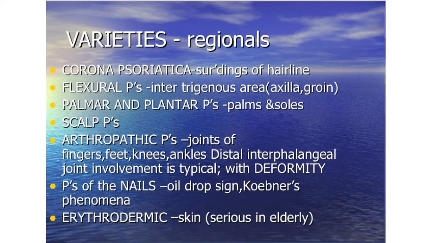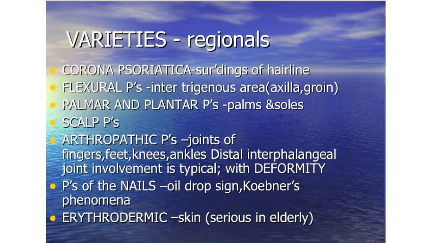Next, there is scalp psoriasis. Later we see arthropathic psoriasis, which is related to the joints of the fingers, feet, knees and ankles. Distal interphalangeal joint involvement is typical, and there is deformity, seen as arthropathic psoriasis or psoriatic arthritis.